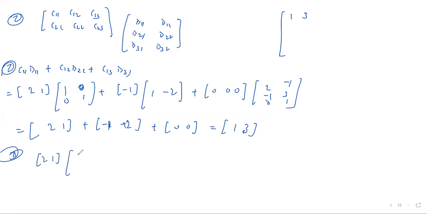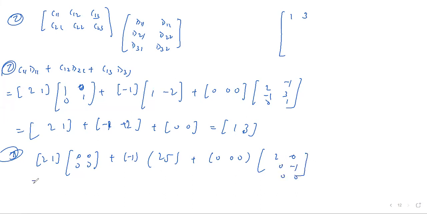What is my D12? 0, 0, 0, 0 plus minus 1, 2, 5 plus 0, 0, 0, and this is 2 0 0 minus 1 0 0, and this will give us 0 0 plus minus 2 minus 5, and that is also 0 0. So this is giving us minus 2 minus 5.